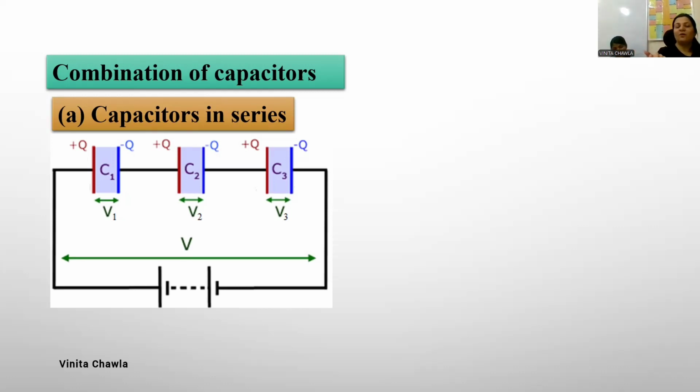In the same way, here the charge is the same everywhere, but the potential drop across each capacitor is different. So the net potential is V. V1 is the potential drop across C1, V2 is the potential drop across C2, and V3 is the potential drop across C3.